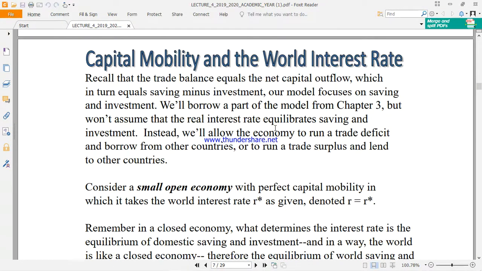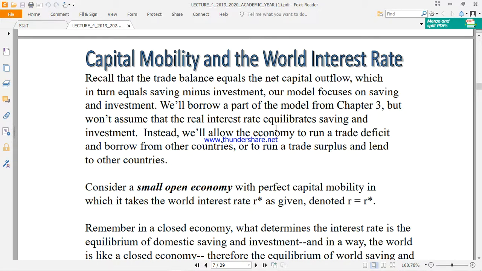So this then brings us to the idea of capital mobility and the world interest rate. There's a difference between the domestic interest rate and the world interest rate, because the domestic interest rate is determined domestically, but the world interest rate is determined in the world financial market, or the global financial market.